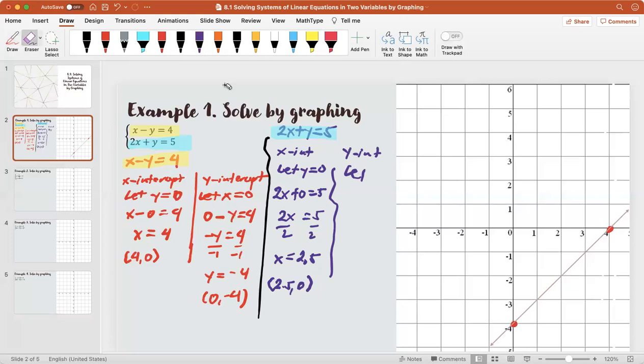Okay. So we let x be 0 and then solve for y. So we have 2 times 0 plus y equals 5. 2 times 0 is 0 plus y. 0 plus y is y. We have 5. So your point would be (0, 5).